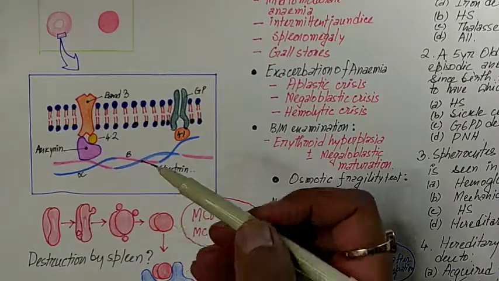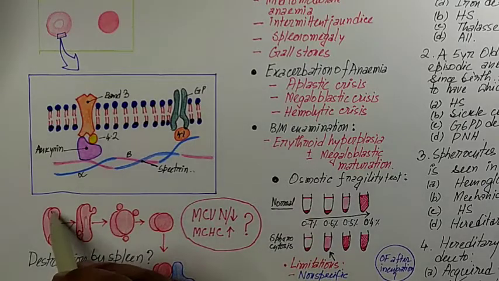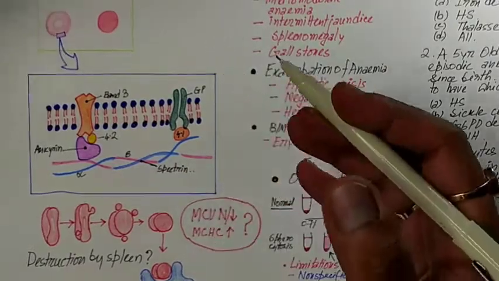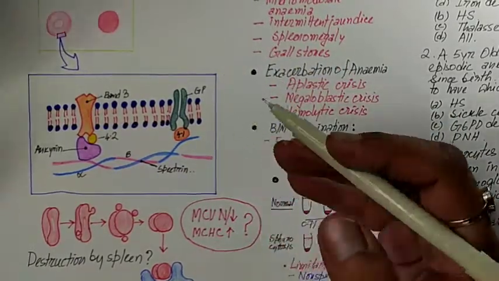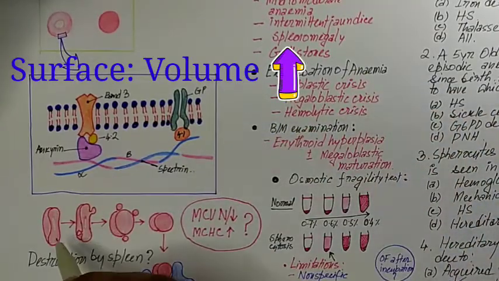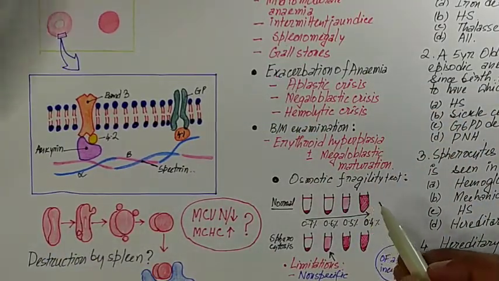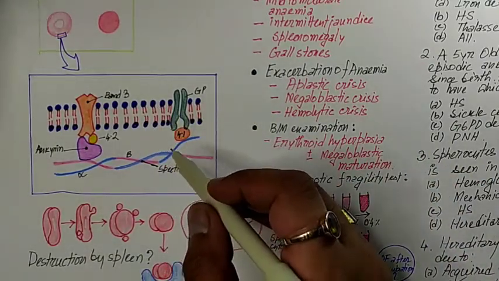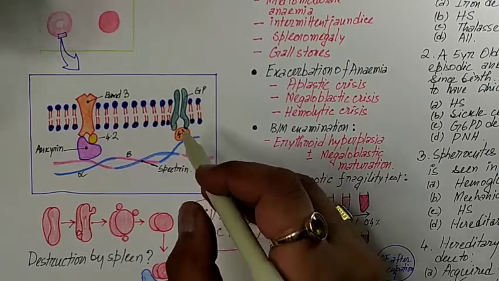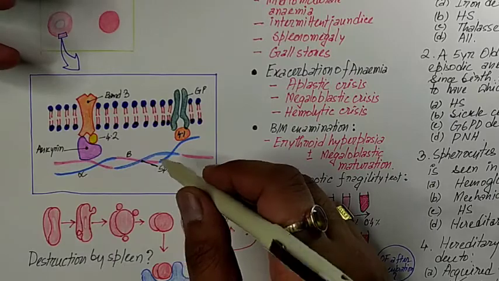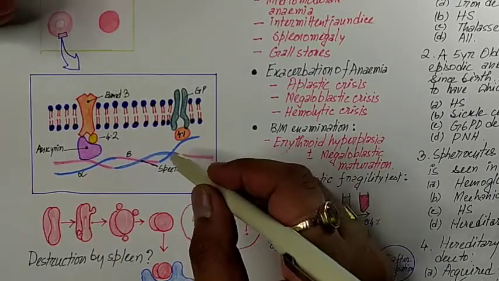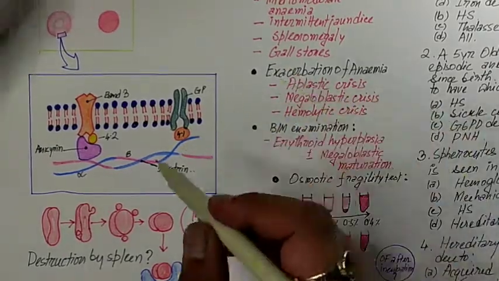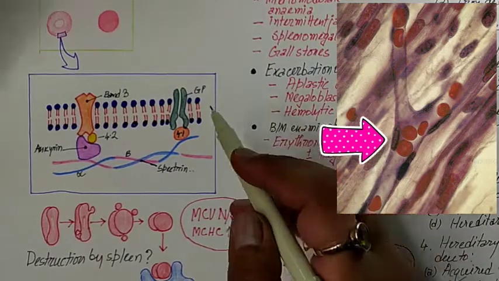The biconcave shape means there is less diameter in the center than the periphery, and it enables an RBC to have a high surface to volume ratio. That means there is more surface area compared to the volume of the RBC. Also, this lipid bilayer helps to maintain a high level of elasticity and deformability of the RBCs, and this helps them to pass through smaller blood vessels.